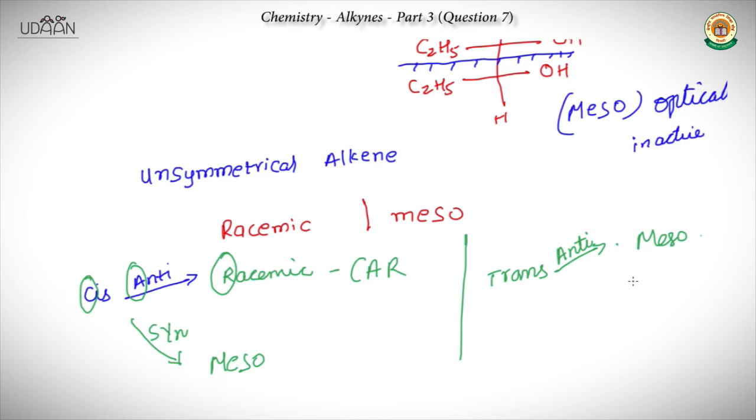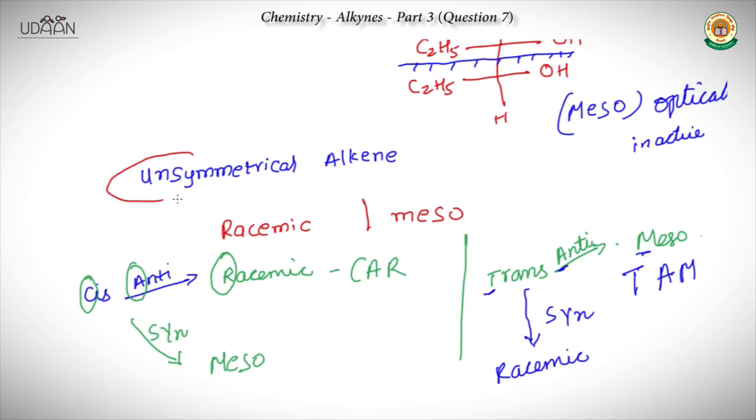You can remember this by TAM: T here, A here, and M here. Now, if it undergoes syn addition, you will get a racemic mixture. Also keep in mind that this is only for unsymmetrical alkenes.